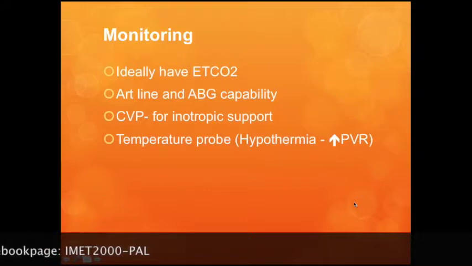If you forget to change that, you're potentially putting 500 mils into a little baby, and obviously that's very dangerous. So I always use pressure control, so that if it's set at 20/5, you might put in a slightly too big tidal volume, but it's not going to be 50-fold what you should be putting in.